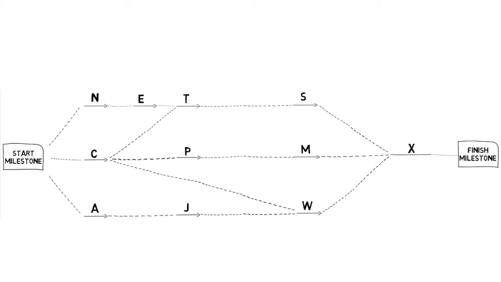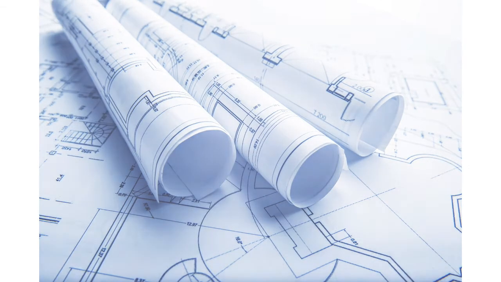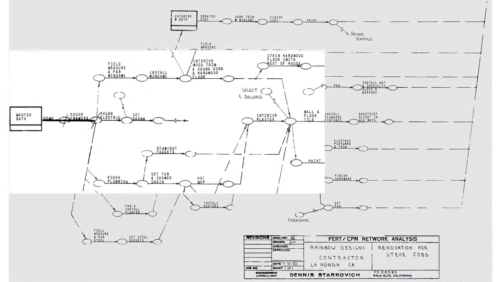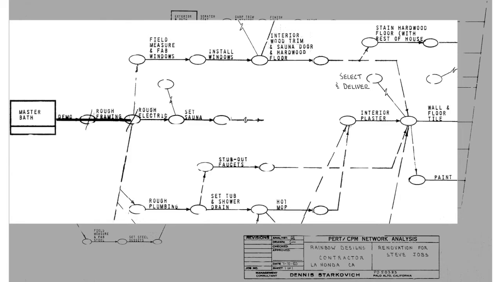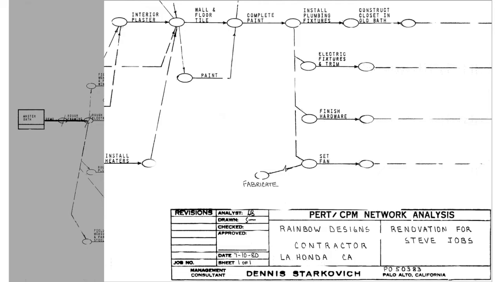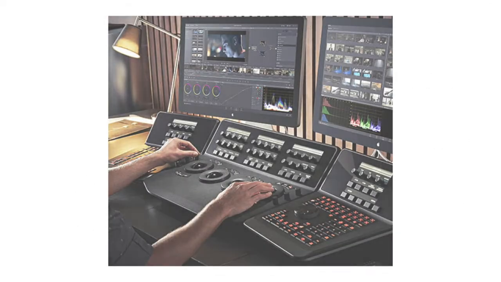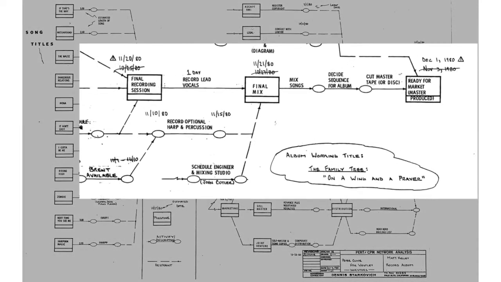For example, days, weeks, and months might apply to a construction project, whereas seconds, minutes, or hours might be used for editing audio, video, or something similar. Interestingly, years might be applied to one's lifetime.